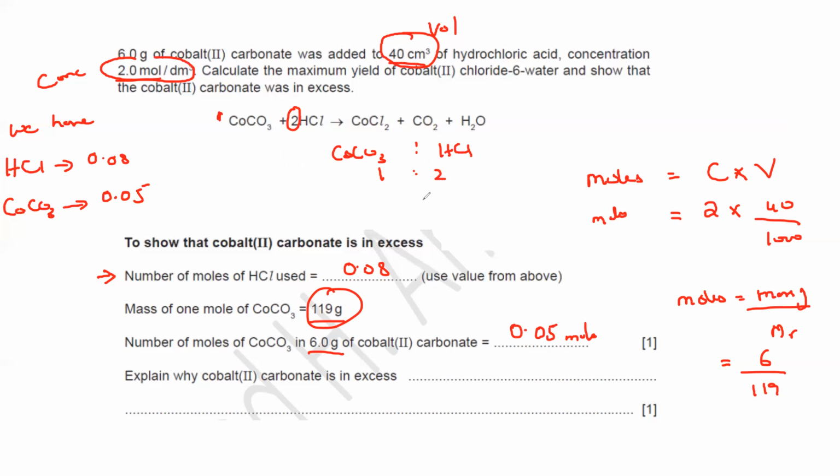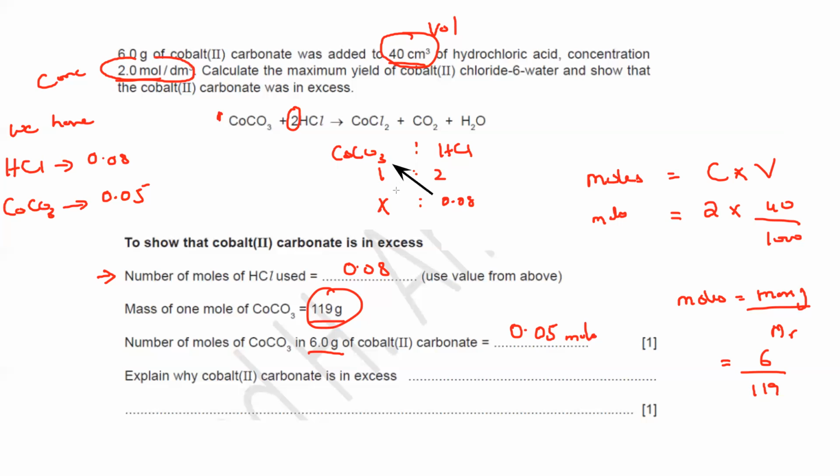So it's up to you, any one of them you can consider as X. For example, if I consider cobalt carbonate as X, then for HCl I will take 0.08. So 1:2 is the ratio. If we have 0.08 moles of HCl, X moles of cobalt carbonate will be there for a reaction.